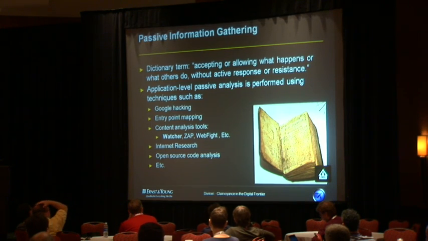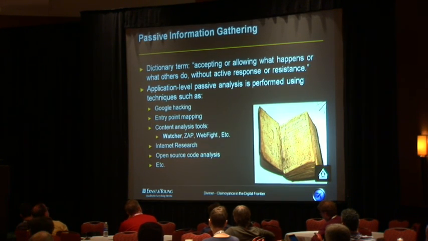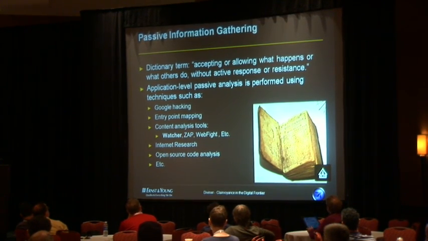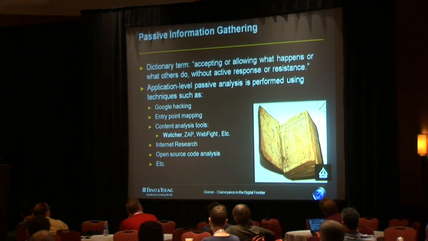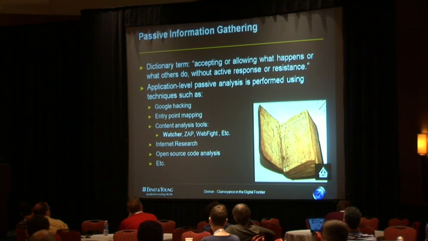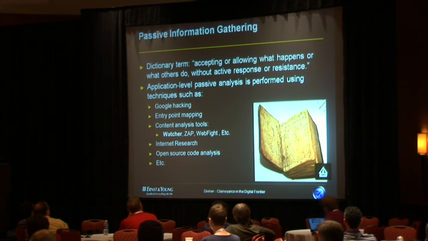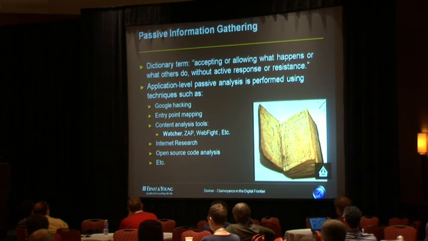There's passive information gathering processes, which are generally non-intrusive processes that attempt to obtain information without using any actual attack. So we're not trying to extract more information, we're trying to obtain information that is just out there. Things such as search engines, Google hacking, obtaining or collecting HTML comments, stuff like that.